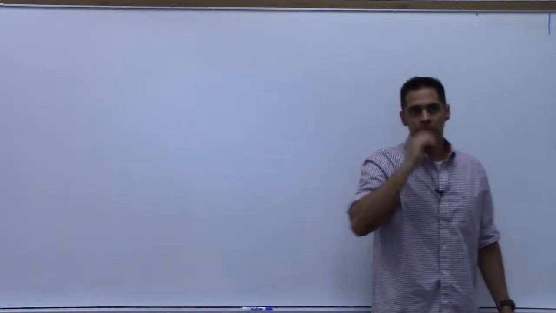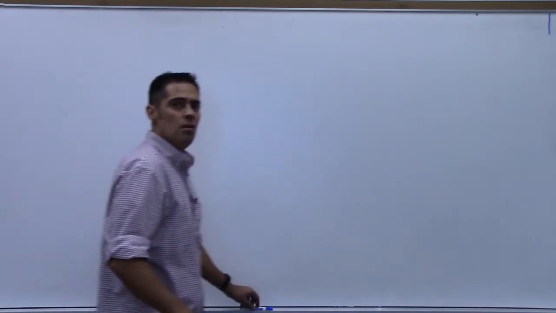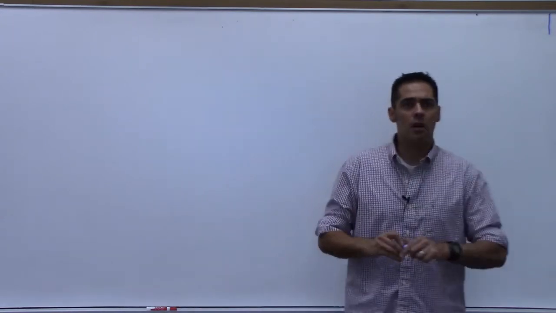How about this one? Construct a polynomial function with these characteristics. Very similar to what we just did, except no picture. You have 3 zeros. Zeros are the same as x-intercepts. So what do you know about this function so far?